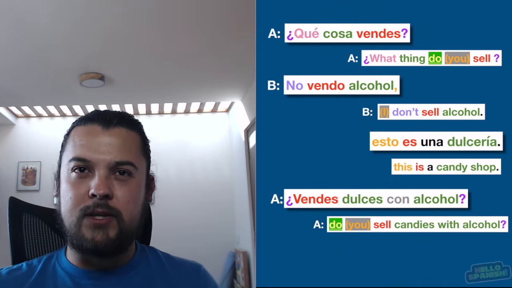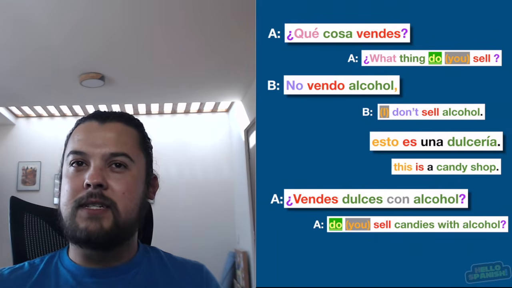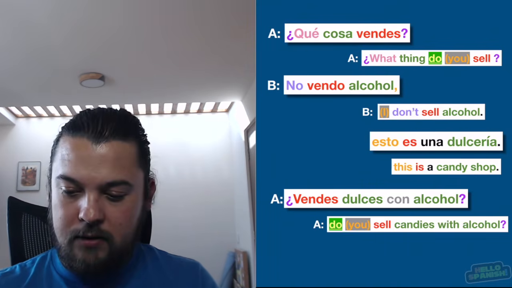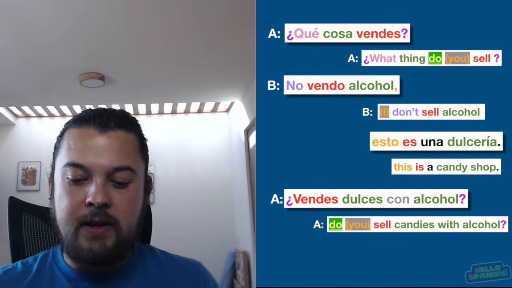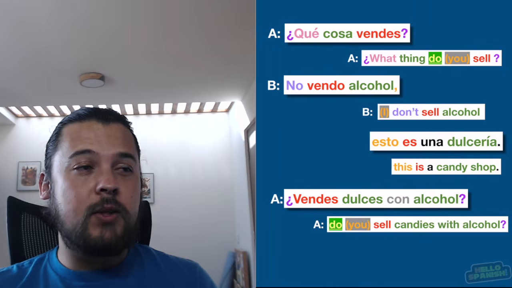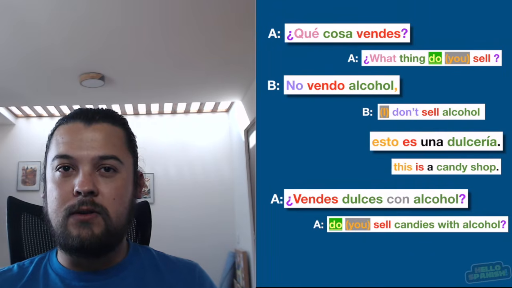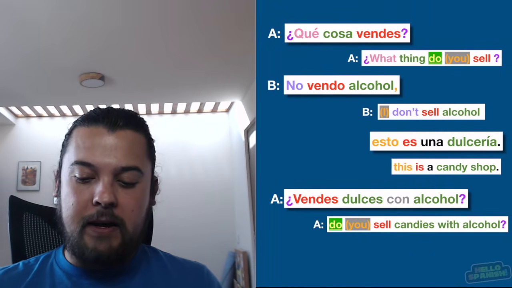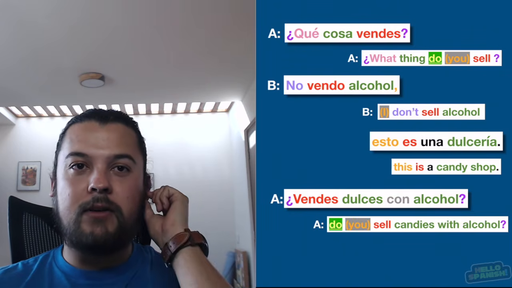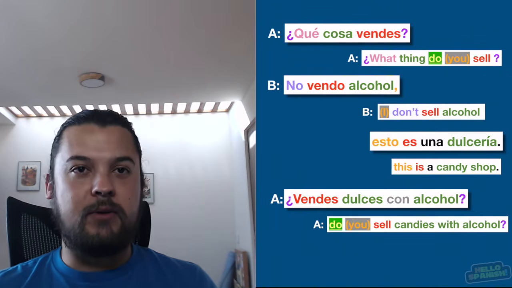Esto es una dulcería. I don't sell alcohol. This is a candy shop. Well, probably there was not going to be a period here. And last one, ¿vendes dulces con alcohol? Do you sell candies with alcohol? So as you can see here, the auxiliary do is not needed and the pronoun is omitted when possible.